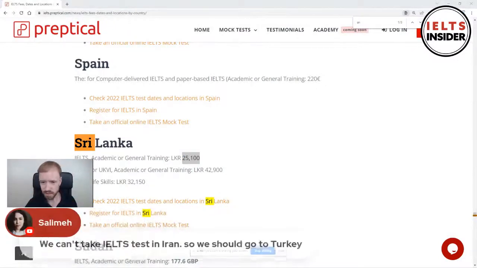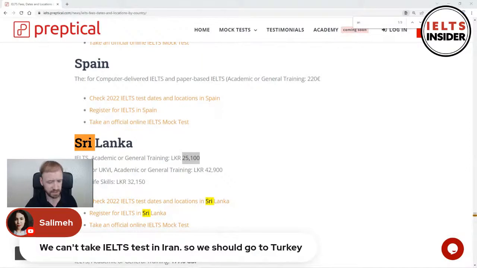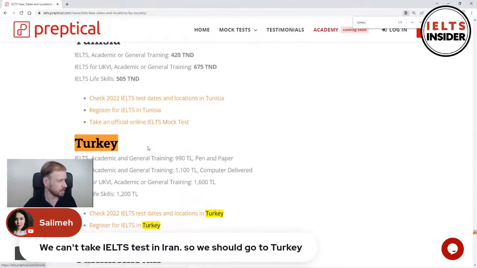so that's Sri Lanka. We can't take the IELTS test in Iran, so we should go to Turkey. Let's take a look at Turkey. 990. Let's see. The Turkish lira, is that right?